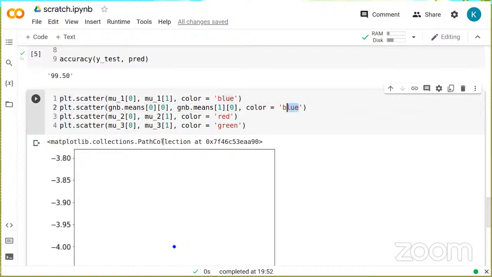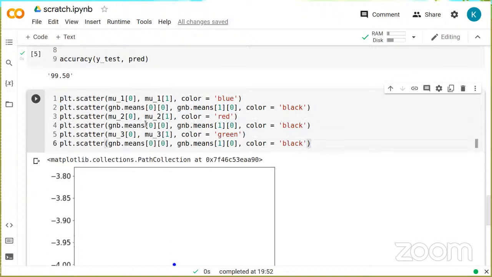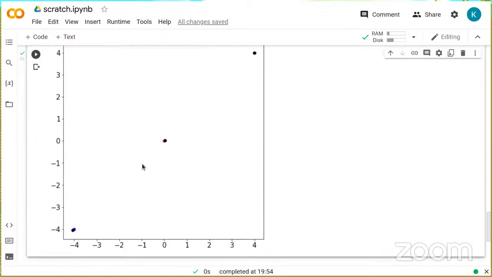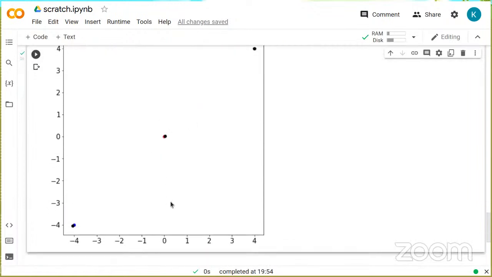Let us make this black. GNB dot means of 0, 1 and 1, 1. This will be 0, 2 and 1, 2. Okay, so I hope you can see how close the predicted means are to the true means. I mean, they're overlapping.